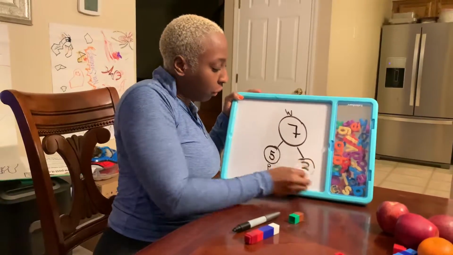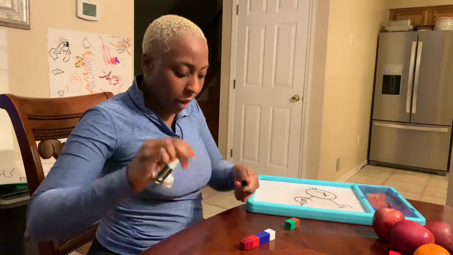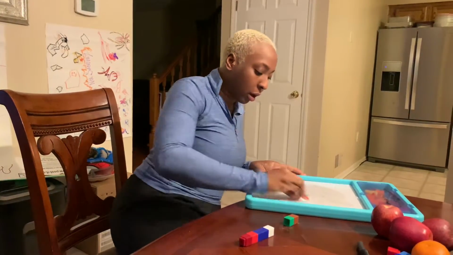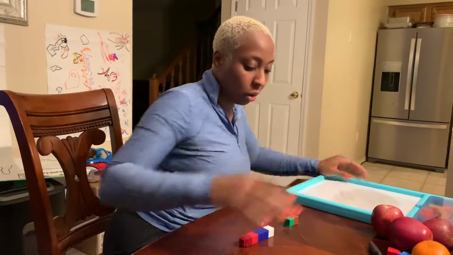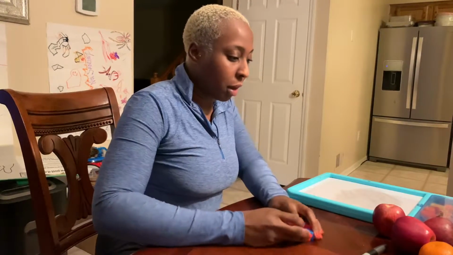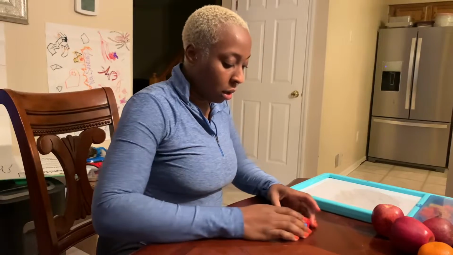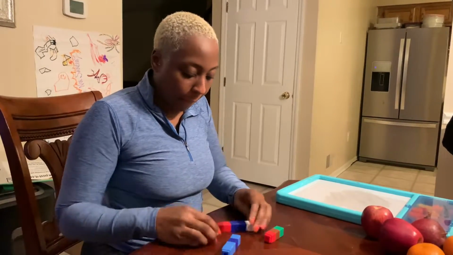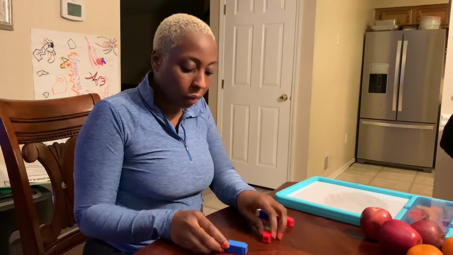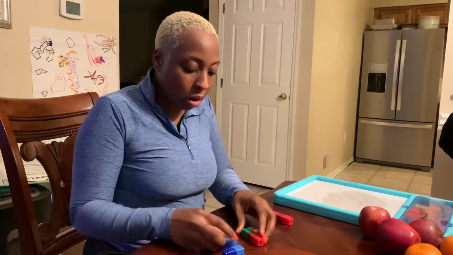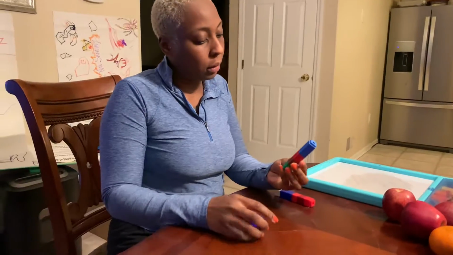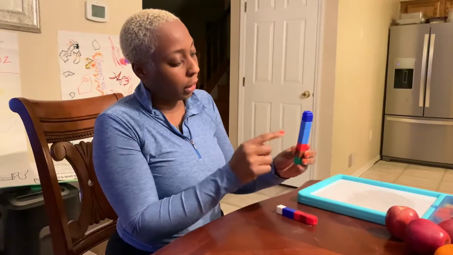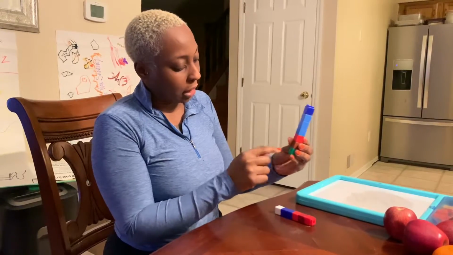Okay, let's move on. So let's talk about a story problem. Okay, and we can use our cubes, and I also have some yummy fruit that we can use as well, okay? But since we have our cubes here already, let's use our cubes, okay? Let's say our whole was, let's count. 1, 2, 3, 4, 5, 6, 7.